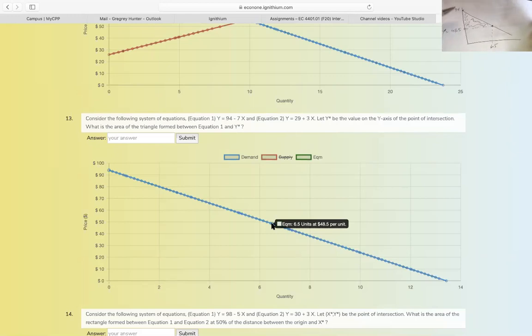So the vertical intercept is at 94 there, yes. And then you said that height is, what did we say? 48.5. So you have to do the 94 minus the 48.5 to get the altitude there, which is 45.5.